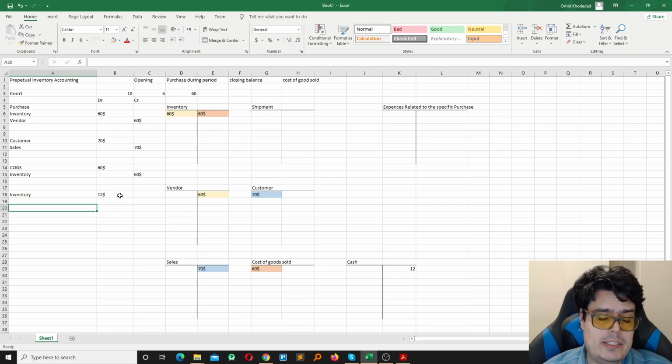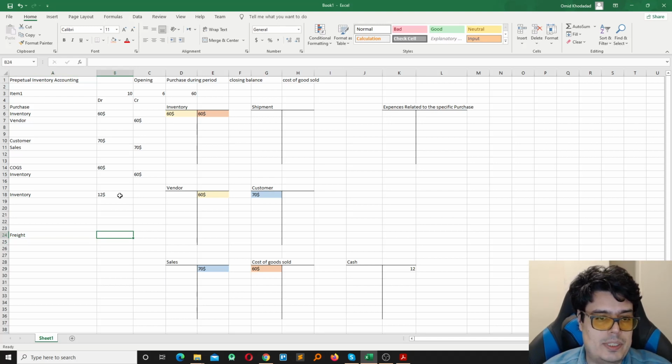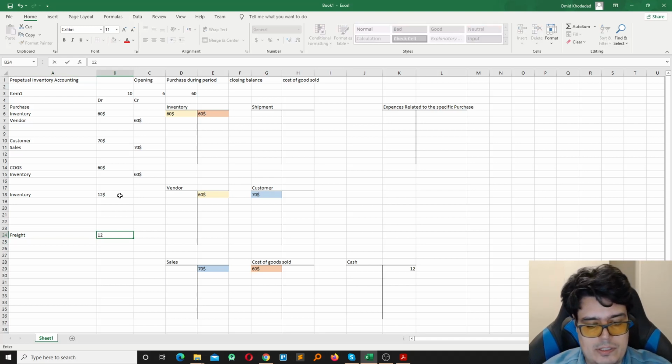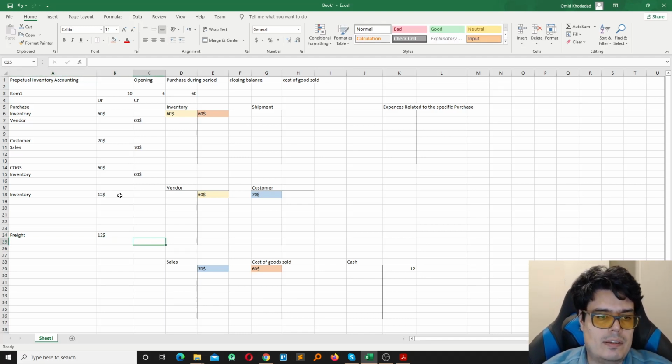And I cannot immediately credit an expense account, so I have to have a freight account. The freight account has to be debited $12, and the freight account is of the type income and expense.